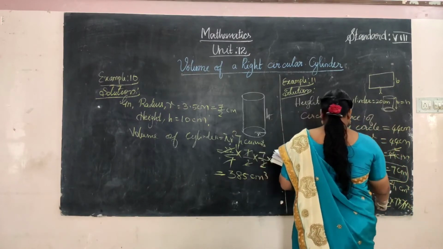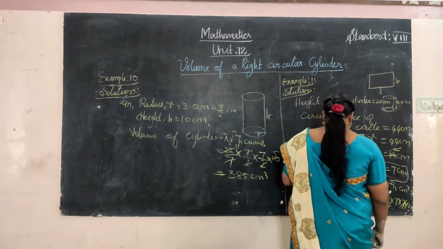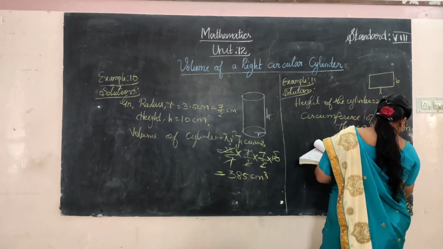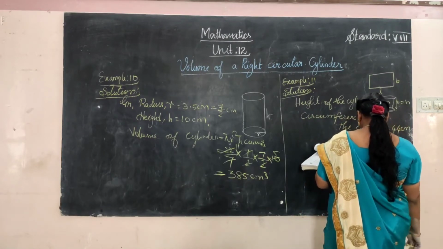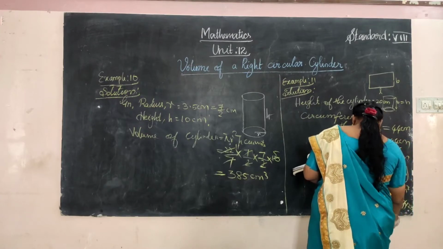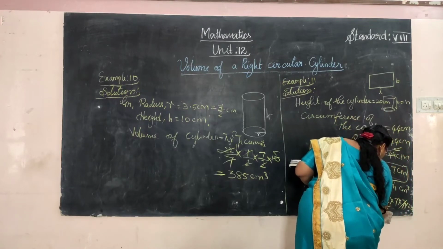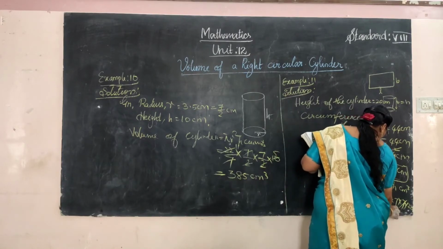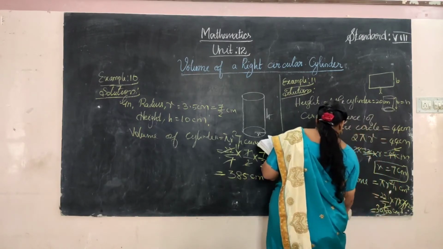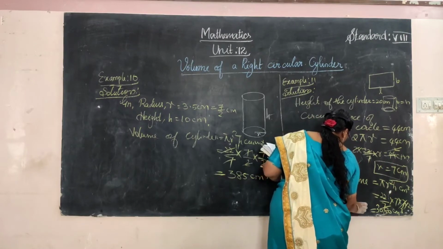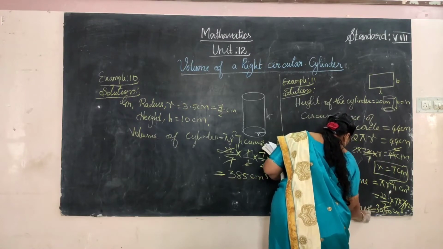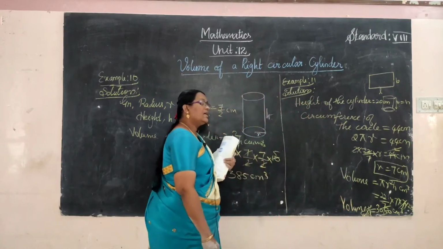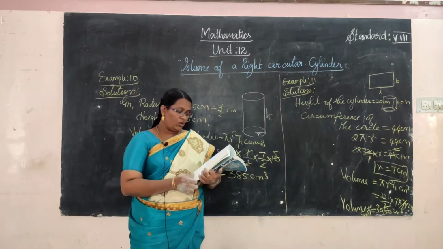Okay, now multiply. So 140 into 22 is 3080 centimeter cube. So the volume of the cylinder is equal to 3080 centimeter cube.